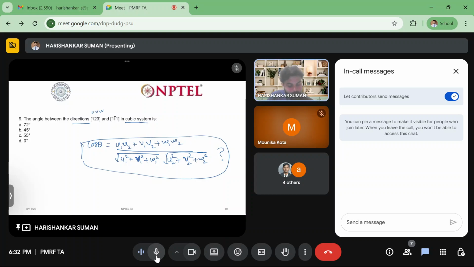So now please put the values. This is, let's say, 1 2 3 and 1 -1 1.